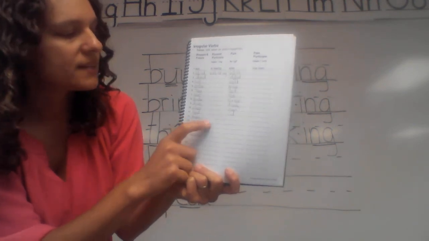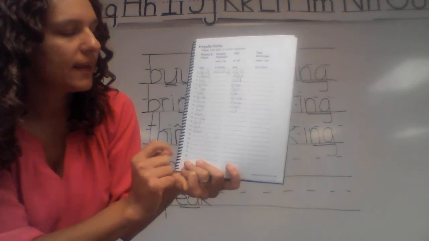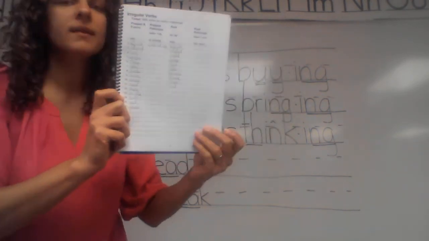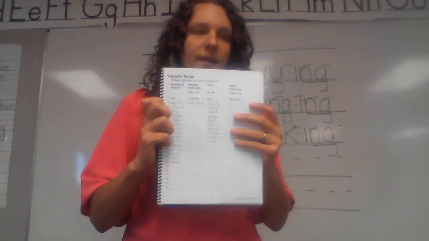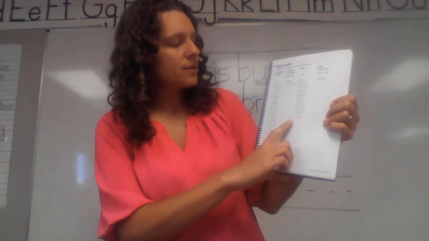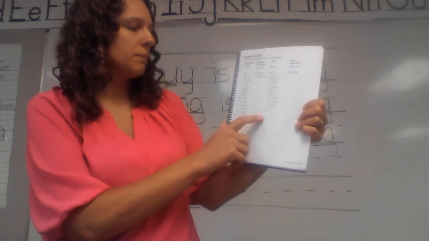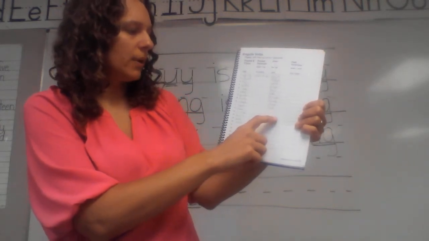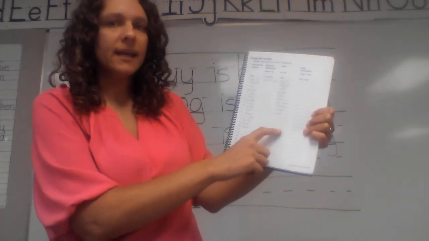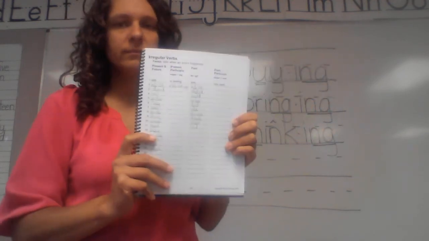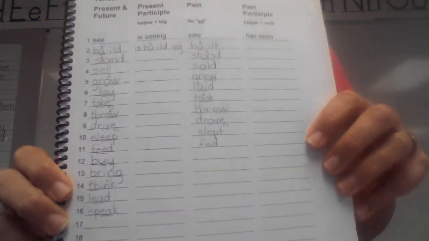So, is buying, is bringing, is thinking. And then I want you to also write the past tense that we learned yesterday. Remember, it's bought, brought, thought, led, and spoke. Okay. So go ahead and add these words to your orthography notebook.